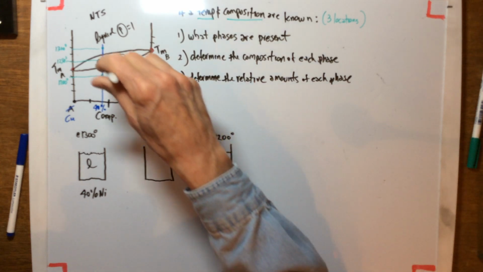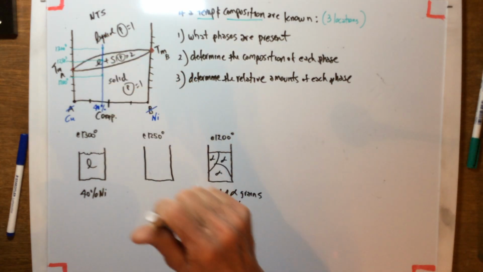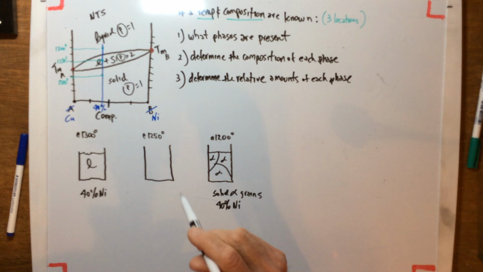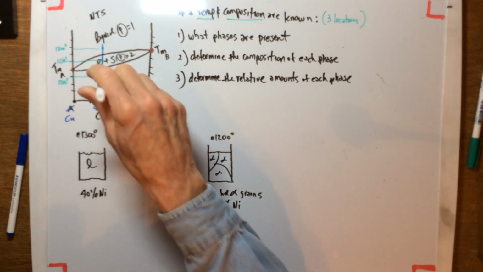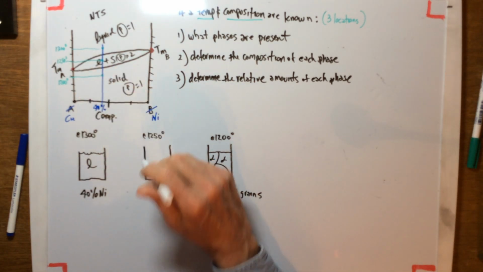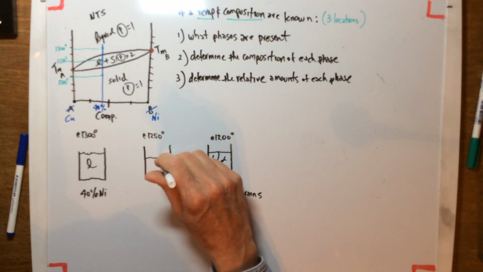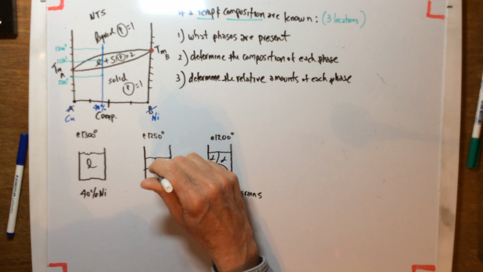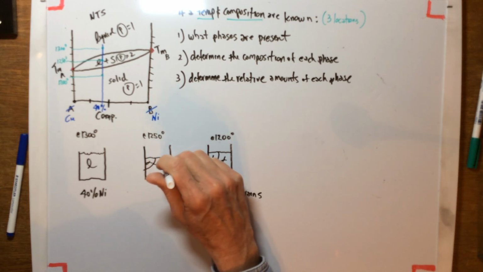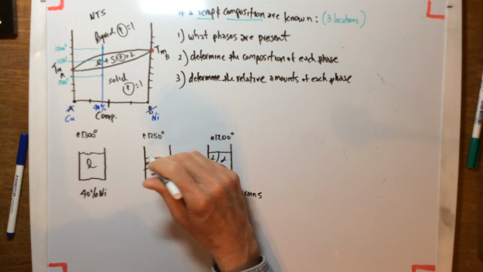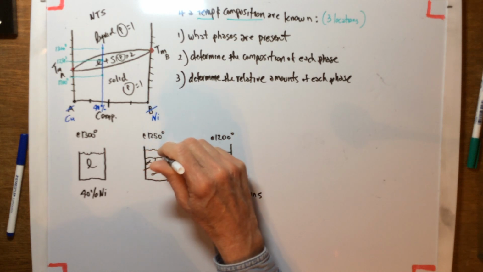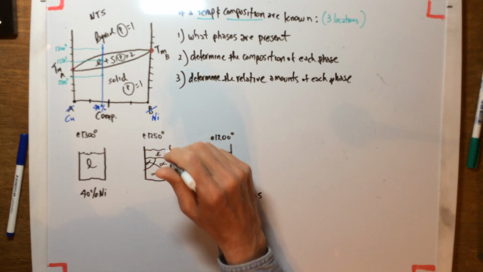All right. So now determine the relative amounts of each phase. Now we're in a two-phase region, and we have a liquid and a solid. Here's the solid portion, of course, with our alpha grains, and then up here is going to be our liquid.